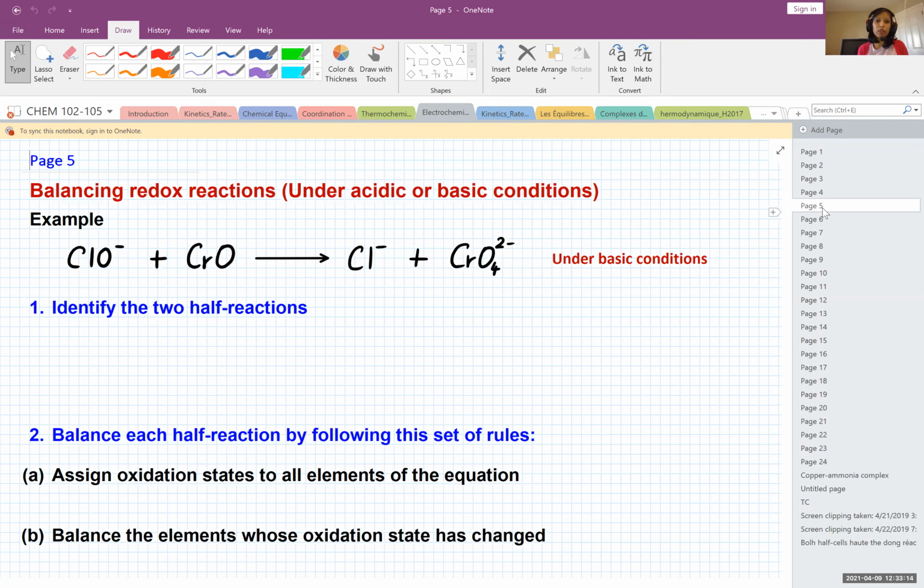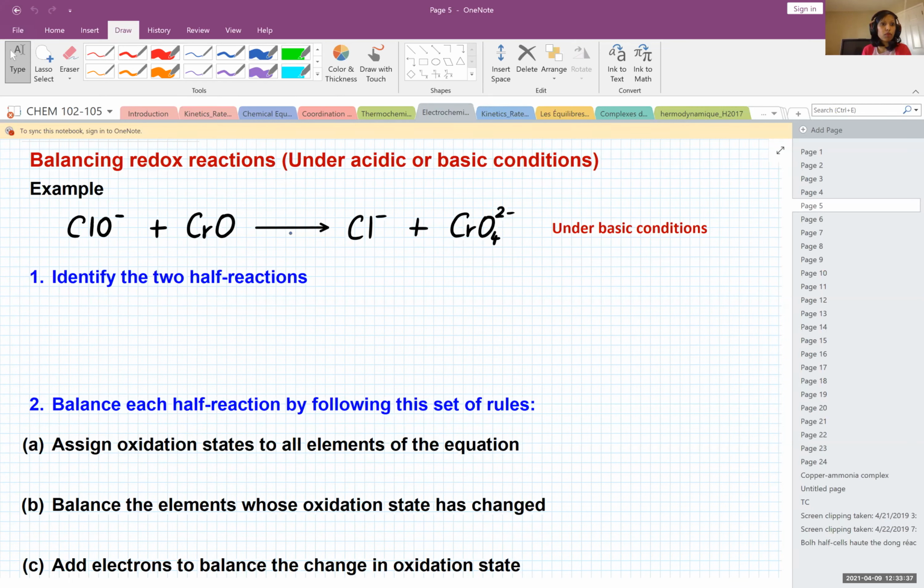You will be told in the exam: balance this equation or this reaction, which is taking place under basic or under acidic conditions. So you will know exactly what steps you need to follow. You will see there are many steps, but with practice, it will become easy to do. Okay, and there's a whole list on eClass for you to practice.